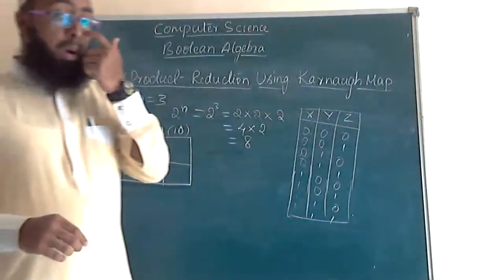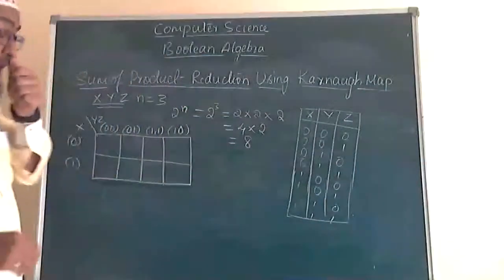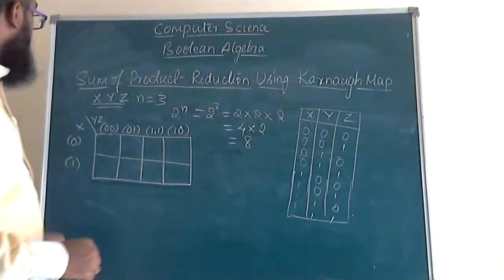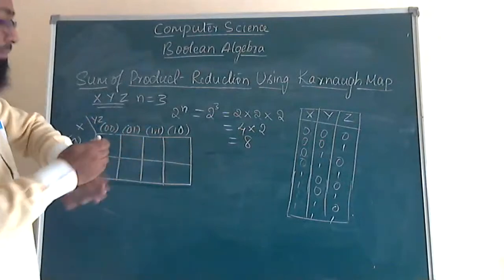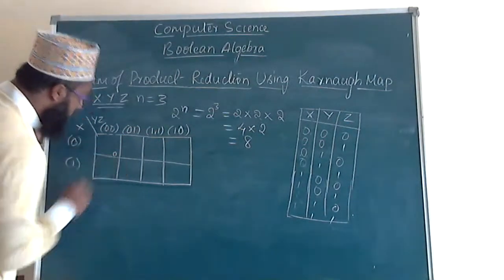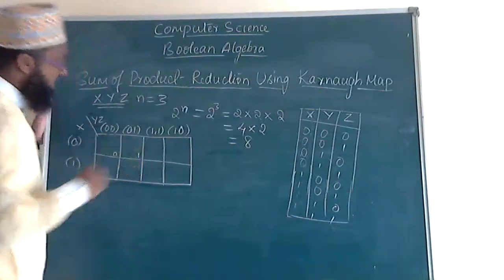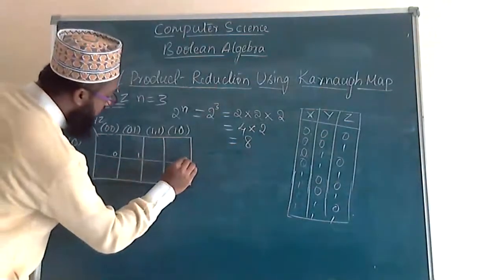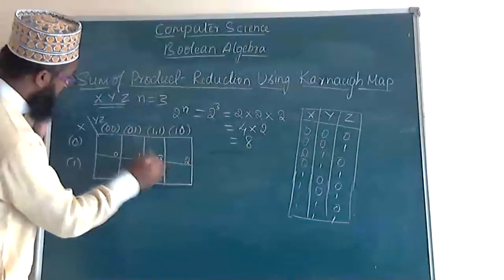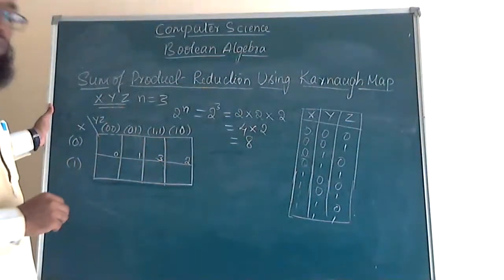After that, here we have to number the squares. In numbering squares also, put 0 here, then 1, then write 2 here, then 3. Like this, you have to number.